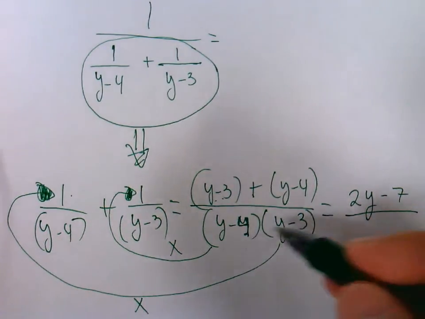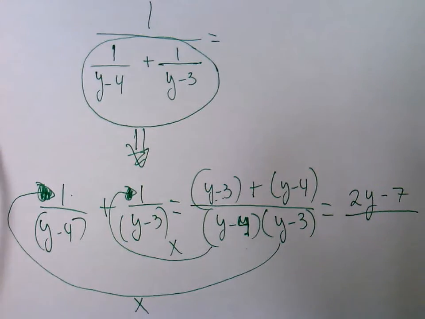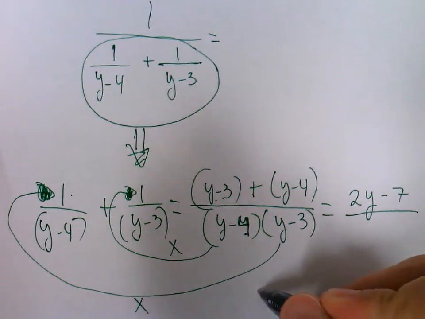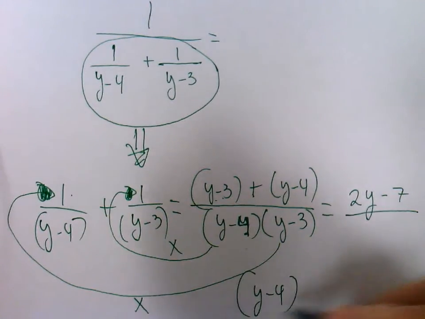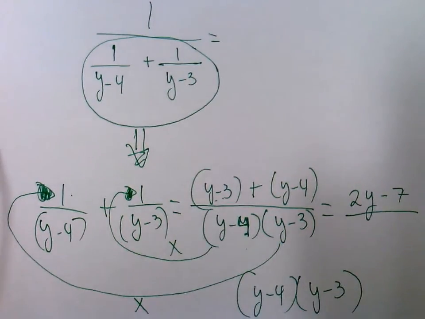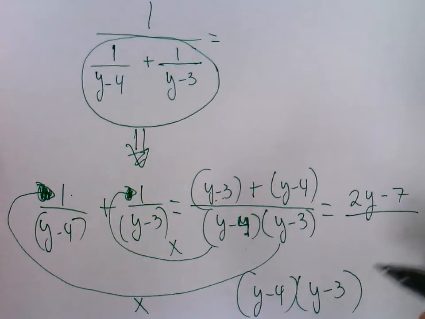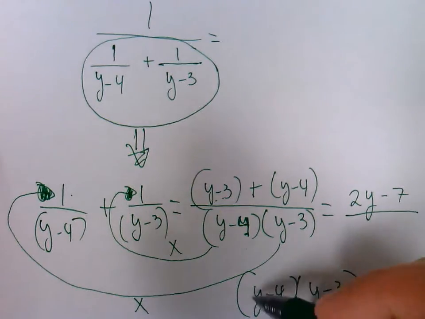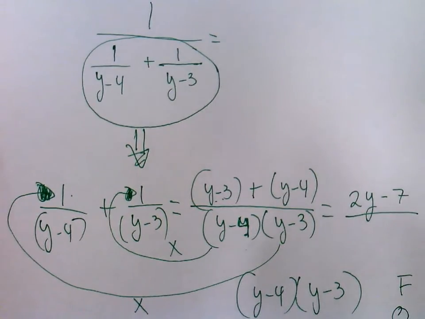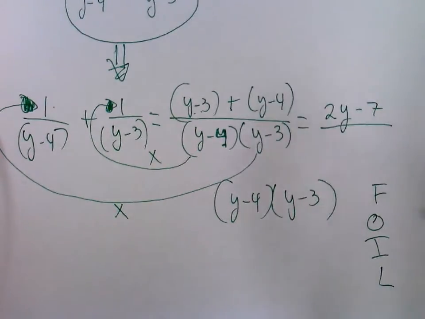The bottom looks like it's simplified, but I'm going to expand this multiplication. So if I do y minus 4 times y minus 3, I can use FOIL, which means first, outer, inner, last.